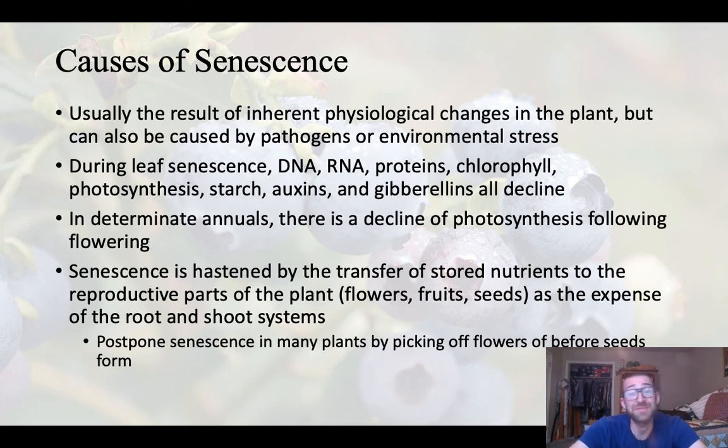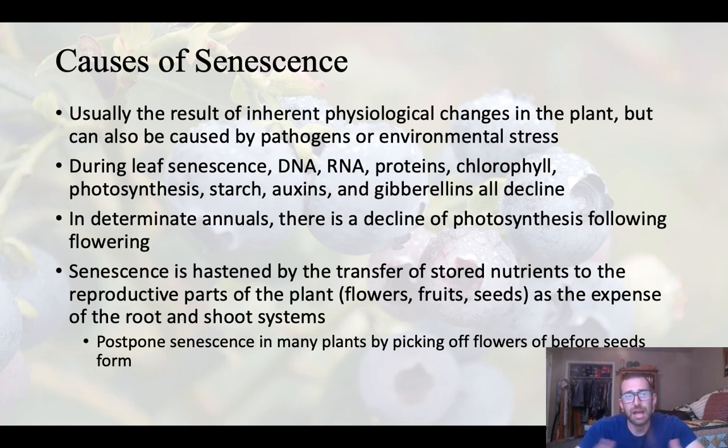So, causes of senescence. It's usually the result of some inherent physiological change in the plant, right? They have evolved to have some lifespan, and eventually they reach the end of that lifespan, and there are some physiological things that are happening in the plant that are leading to that. But you can also have senescence occur as the result of pathogens or some environmental stress.